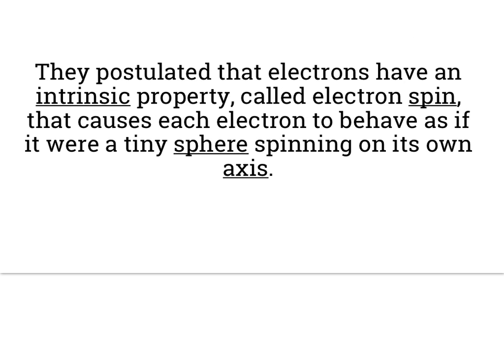So they proposed that electrons have an intrinsic property, meaning just kind of built into themselves, called electron spin. That causes each electron to behave as if it were a tiny sphere spinning on its own axis. So you've got an electron that basically spins, kind of as if it's on an axis.